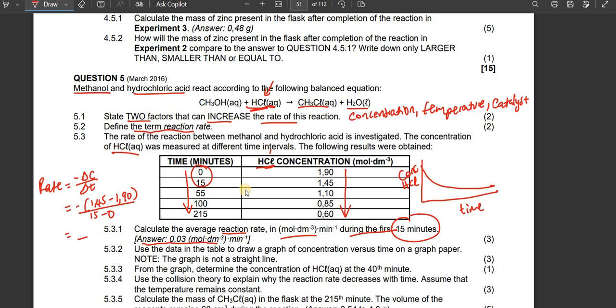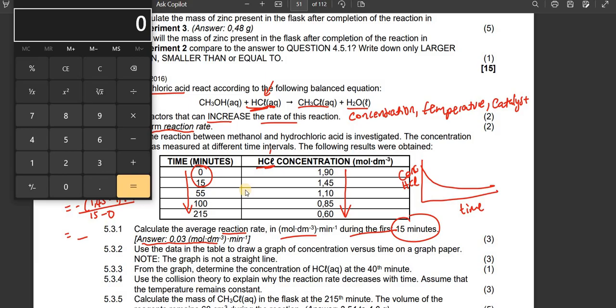But your answer is going to be in mole per decimeter cubed per minute. And if we do that calculation, I'm quickly going to do it here. Here it's 1,90, right, minus 1,45. The answer becomes 0,45. If you divide it by 15, because they said per minute, you get 0,03.